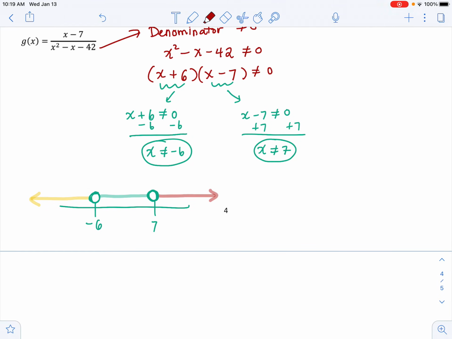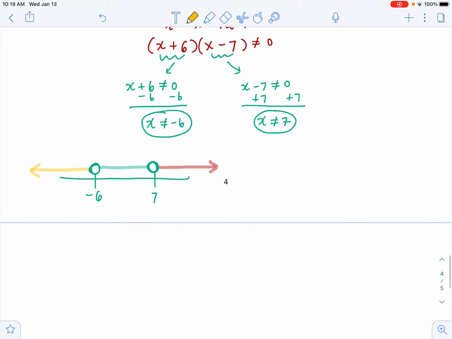You see 3 different intervals. So what we're going to have to do is write down 3 different intervals. So let me do that, okay? So the one that's all the way on the left is going all the way to negative infinity to the left, and it stops at negative 6. All right, that's the yellow interval, guys. And then let's go ahead and write the one in the middle.